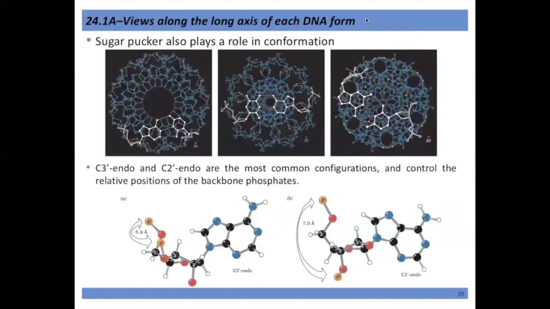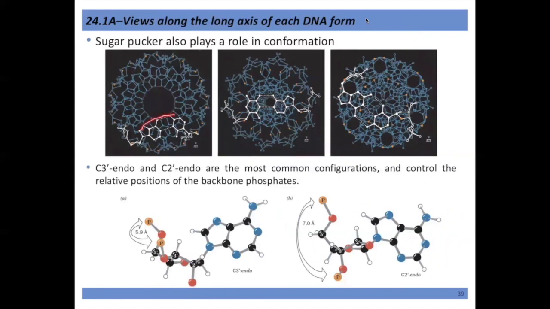So if we look down the axis, looking from the top down on A, B, and Z DNA, you can see that there's quite a bit of difference there. So in A DNA, you've got quite a big hole. Now we talked about the major and minor groove, and you can see that by looking at the bases here.